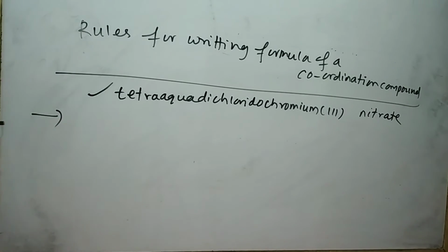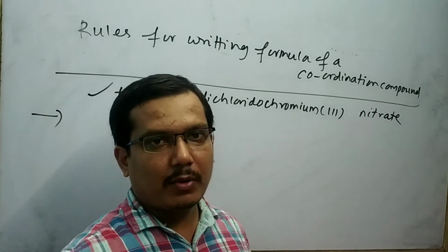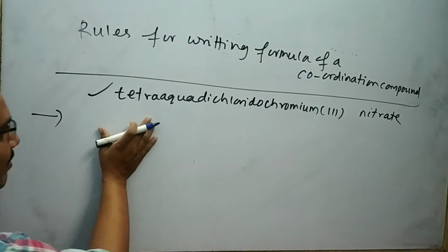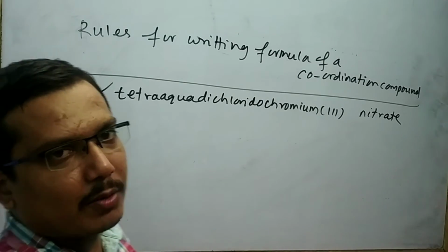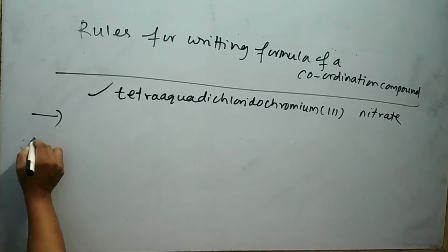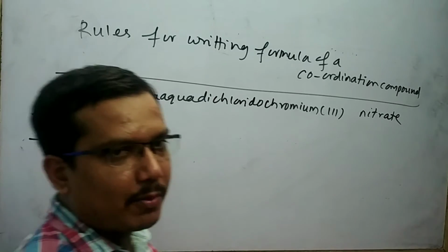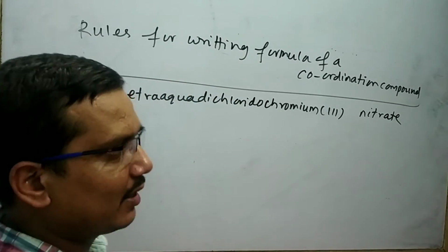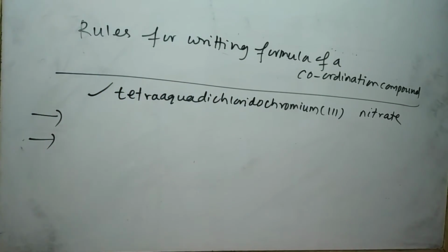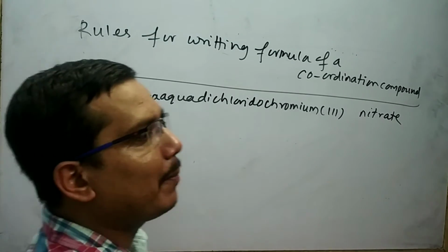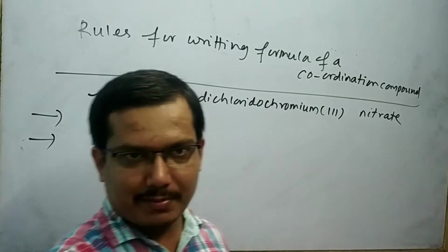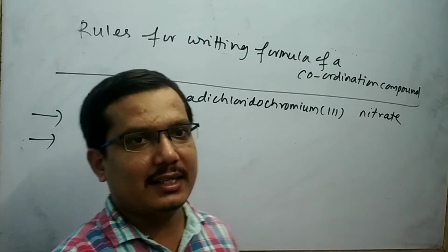First rule is the formula of the cation, simple or complex, is written first, then the formula of the anion. Second, when the formula of a complex is written, the complex ion part is written in a square bracket. In the square bracket, the metal atom or ion is written first, then the ligands.